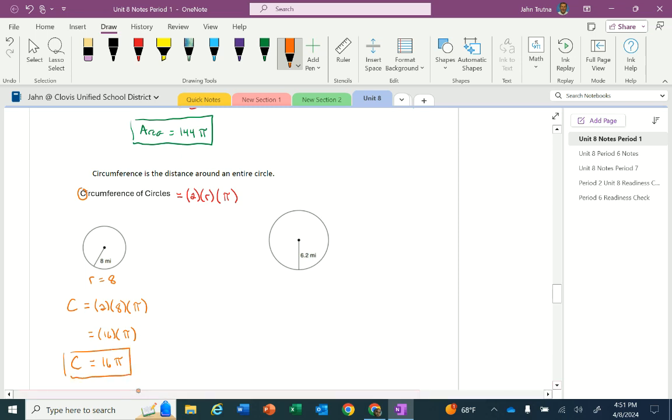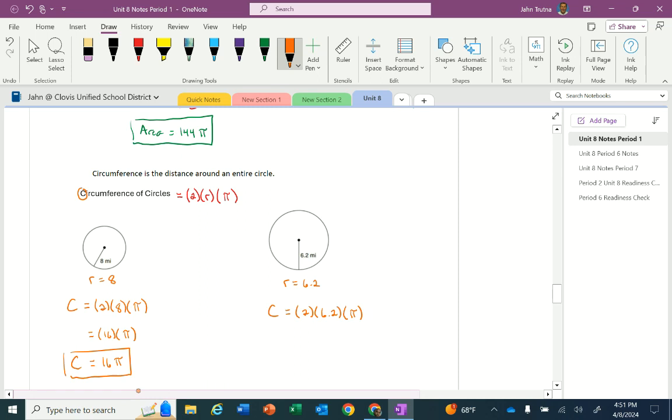Okay, the next circle right here, we have this 6.2 miles, and that is a radius. So we know that the radius of this circle is 6.2. To find the circumference, I'm going to use the formula: 2 times the radius, which is 6.2, times the number pi, which I represent with the pi symbol.